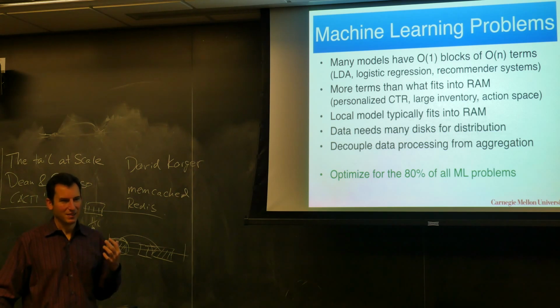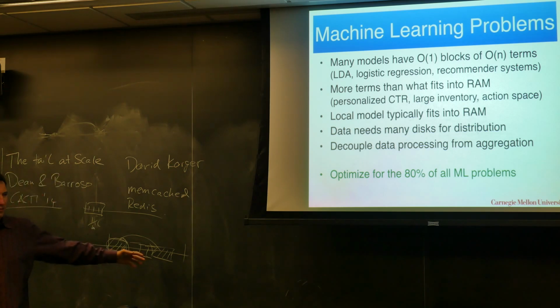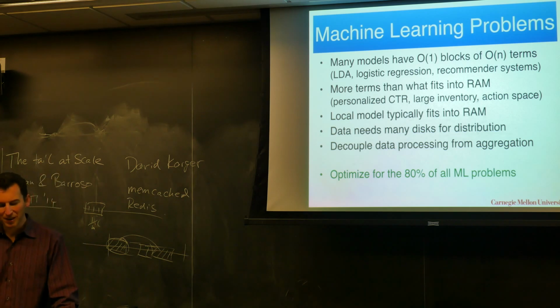It means that we don't really have too many different blocks that we need to actually keep synchronized, that we need to keep analyzed. The second thing is, usually I'll have way more data, more parameters than what fits into the memory of a single machine. But usually my local working context does fit into a machine.